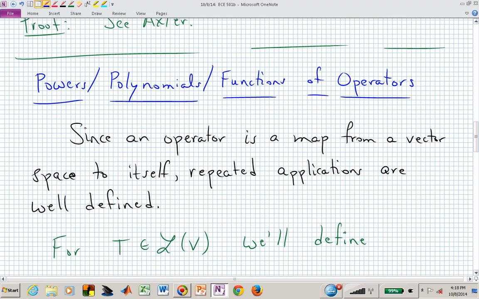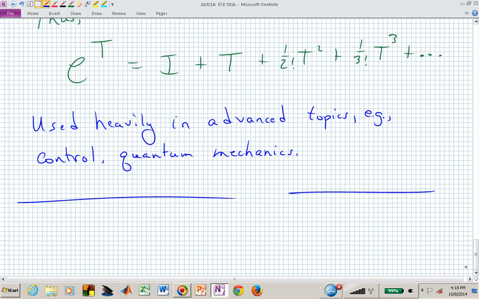With operators you can come up with any function you might have, and if you can find a polynomial description for that function, you can find the operator polynomial expression for it. So you can now find a function for your linear operator, capital T.